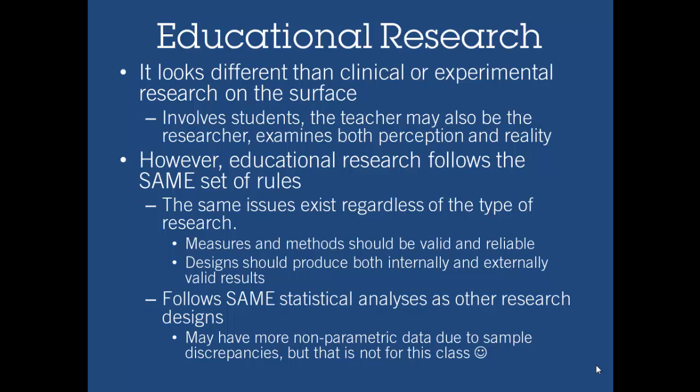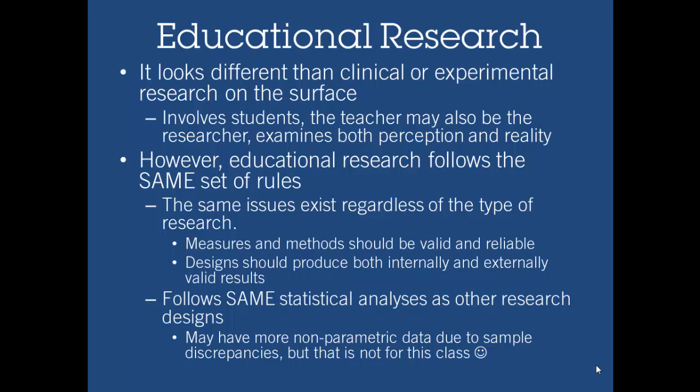And we also have some quasi-experimental designs, which also fall into experimental research. So there is a lot of overlay here. But the difference is that we're using students and learners, and sometimes the instructor is also the researcher, which creates some perceived problems. I wouldn't say they're real problems.